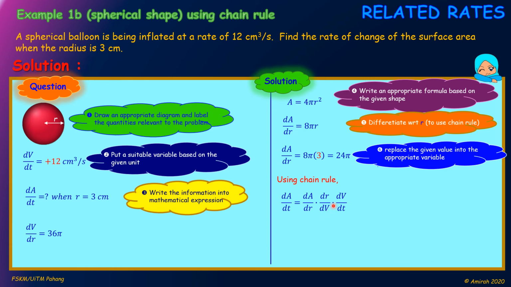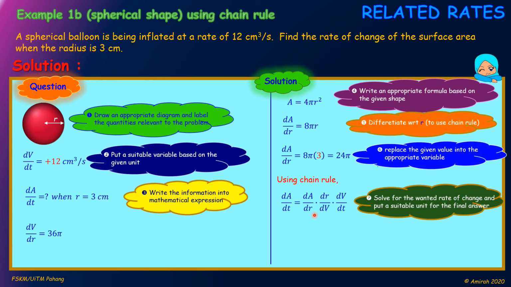And then times, since we have denominator dV here, the next derivative needs to start with dV on the numerator. It looks like we can cancel dr with dr and dV with dV here. This is called the chain rule formula. After that we solve for the wanted rate of change and put a suitable unit for the final answer.